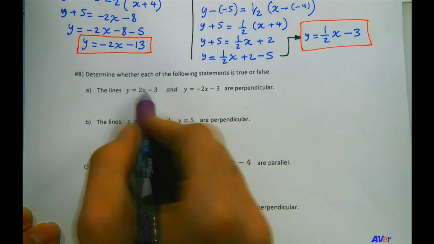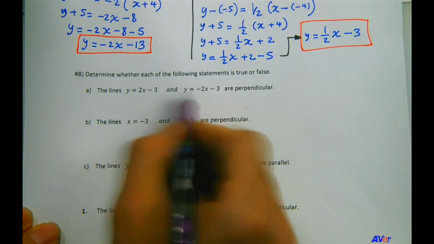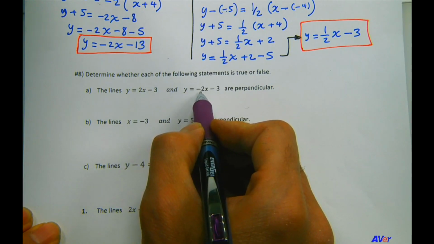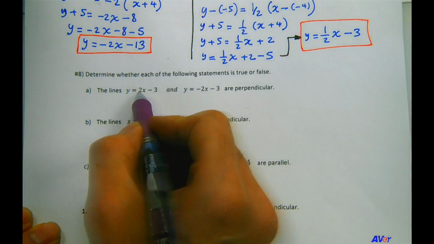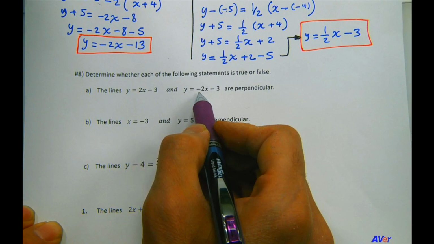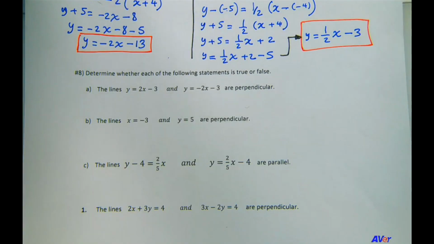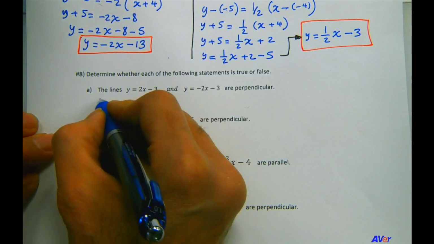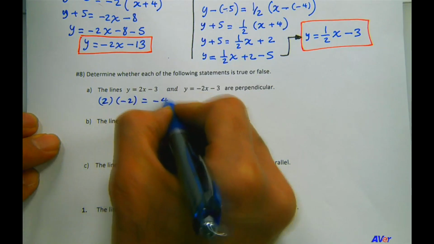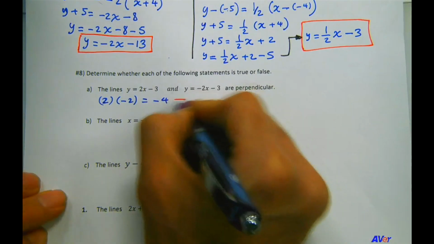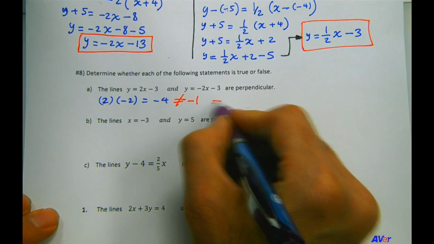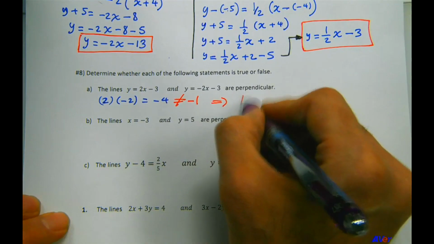So we can quickly see their slopes, or we can compare their slopes immediately. 2 and negative 2 are not equal, and if you multiply this by this, you get minus 4, not negative 1, right? So 2 times negative 2 is equal to negative 4, not equal to negative 1, so therefore false.